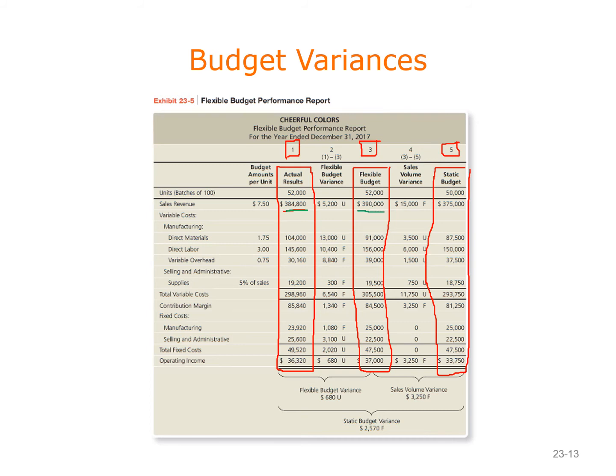The difference is that the actual revenue is less than the flexible budget. So this is considered unfavorable, because you expected something and less happened during the year. Then the cost is 104,000 and this is 91,000. I expected 91 but actually I achieved 104, so this is unfavorable.